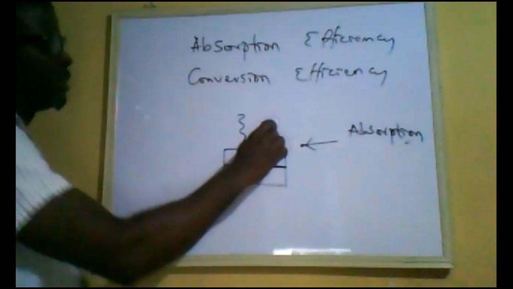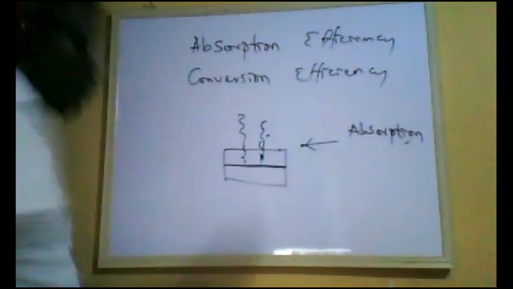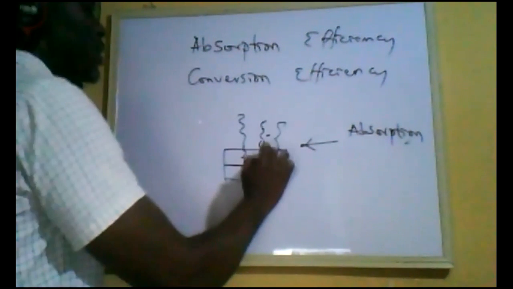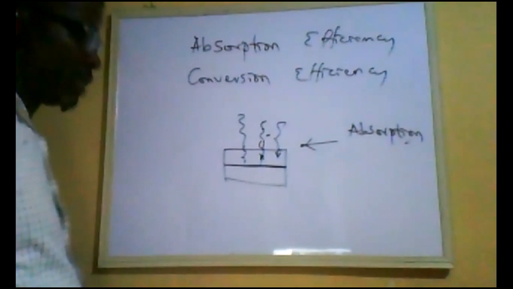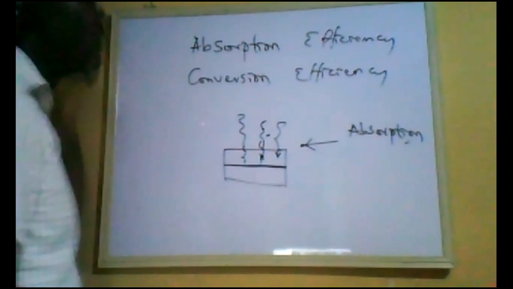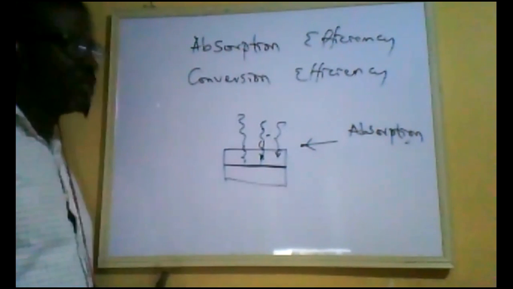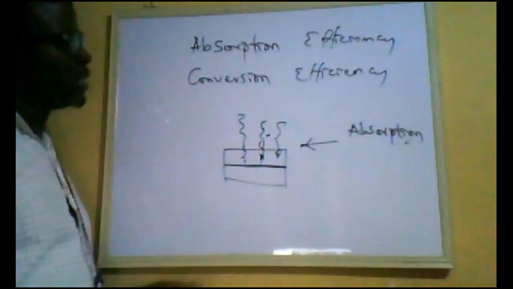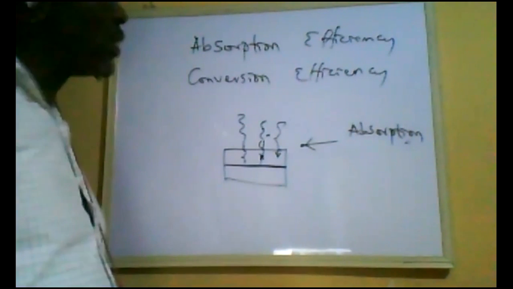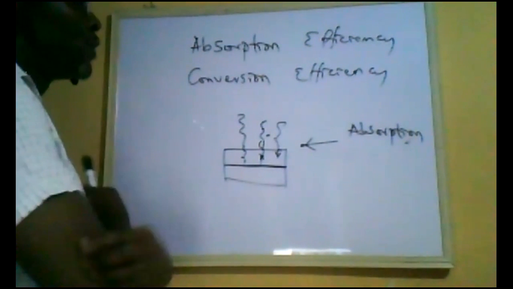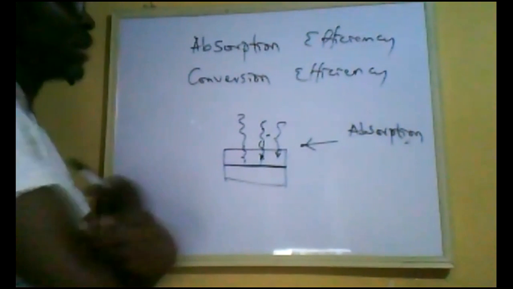You can have 1,000 X-ray photons falling on it, but maybe only 200 are absorbed by the screen. Not all the X-ray beam falling on the phosphor is absorbed by the phosphor. Some will not interact with it at all.